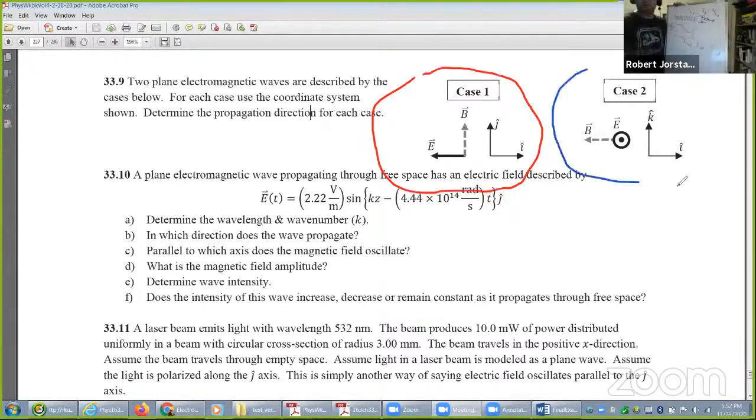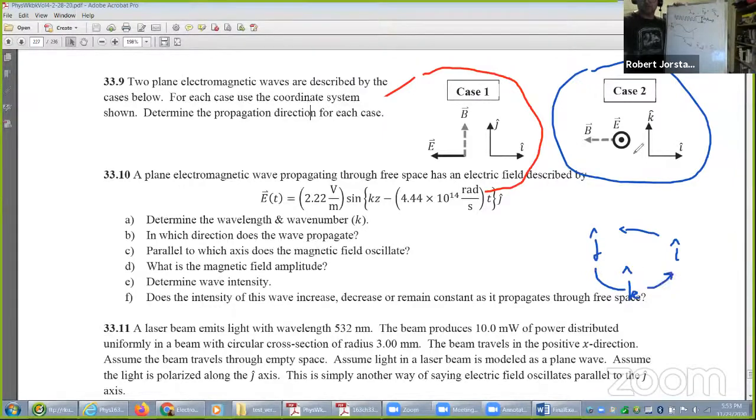Let's try case 2, everybody. Everybody try it again. Just make sure you got that. Oh boy, I'm going to have to think now. Okay, so first I have to figure out which way j hat points. So I better write my wheel of pain because I'm going to get lost. i goes to j, goes to k.